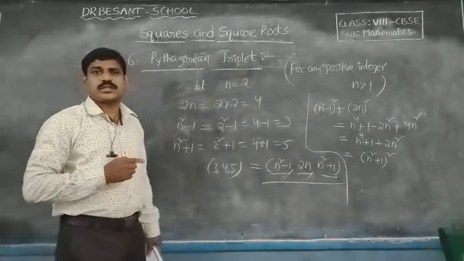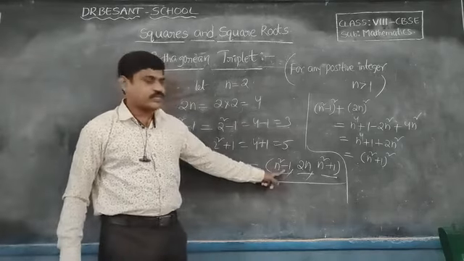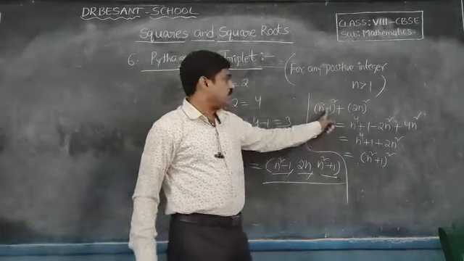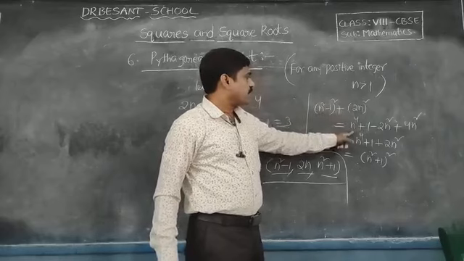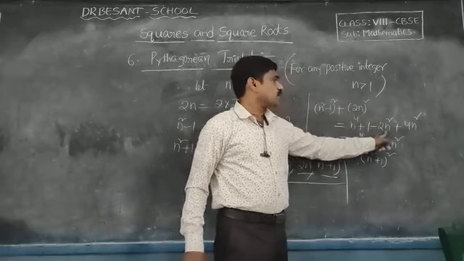It follows the rule a square plus b square is equal to c square or not. Let a is equal to n square minus 1, b is equal to 2n, c is equal to n square plus 1. Now a square plus b square: a square, n square minus 1 whole square, n power 4 plus 1 minus 2n square.